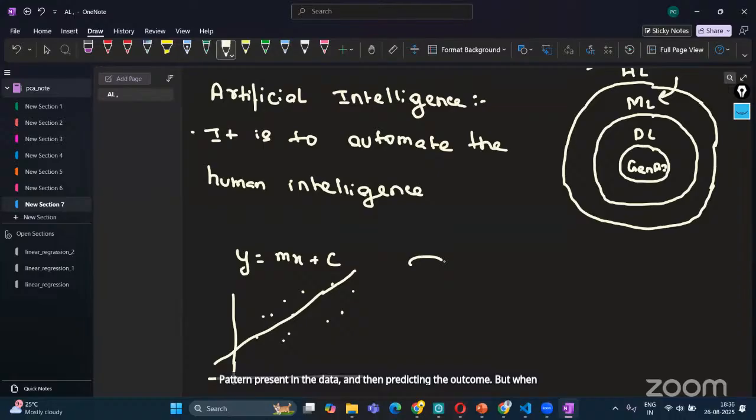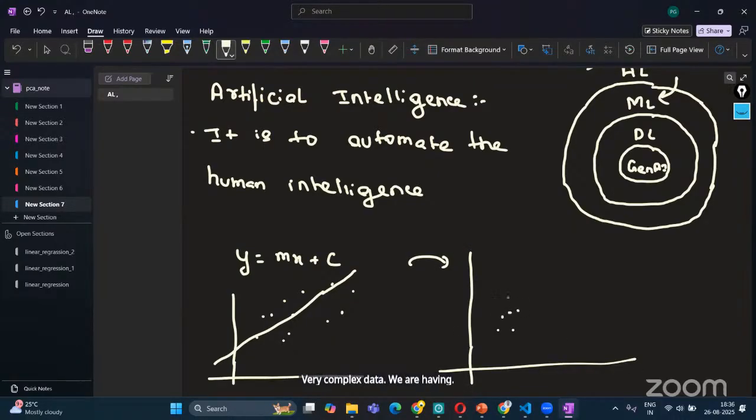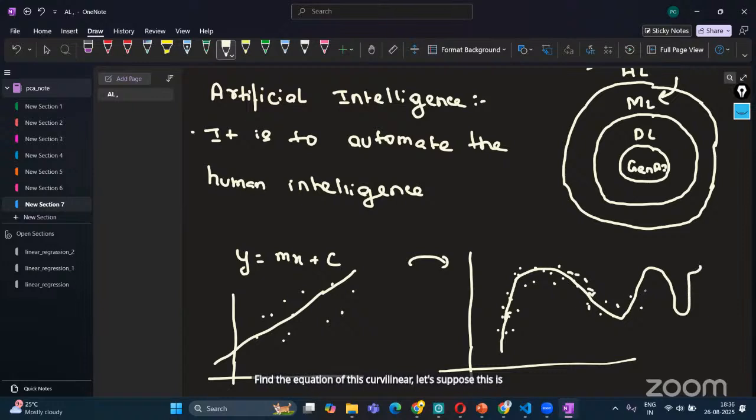But when it comes to very complex data, we have complexities like this. If we have very complex data, it is very difficult to find the equation of this curvilinear path. Let's suppose this is my exact curvilinear path.